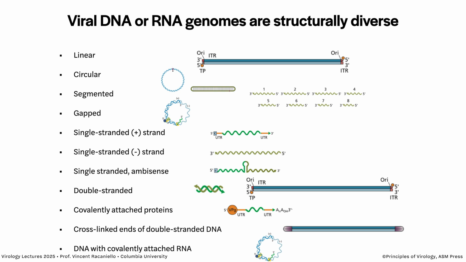If you're infected as an adult, you can clear the infection, but not as a kid. That's why we immunize newborns. Okay, so this is Hep B. Genome is gapped. It's partially double-stranded.